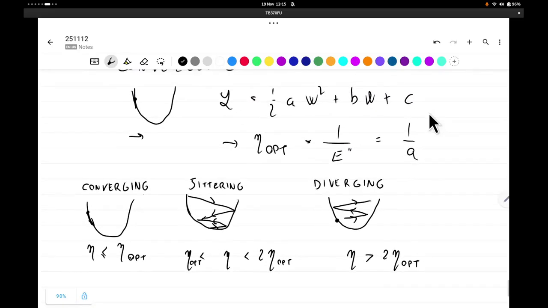Then you say, of course, I should always evaluate this optimal rate. You can always define it. In many dimensions, it will be related to the eigenvalues of the Hessian, the matrix of the second derivatives, or the trace, actually, to be clear.